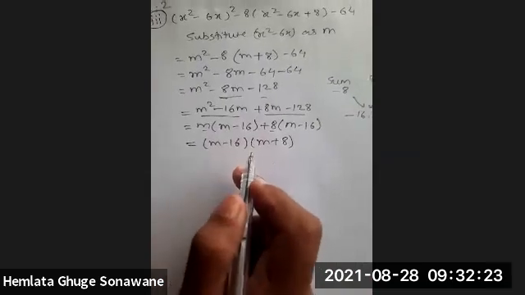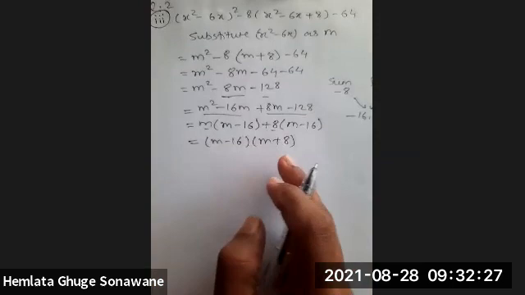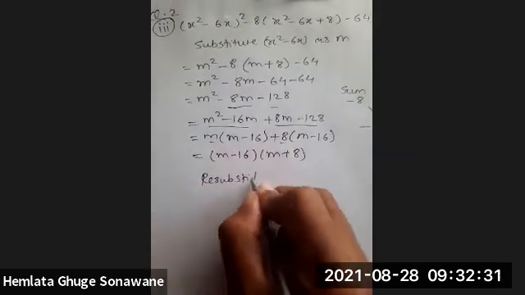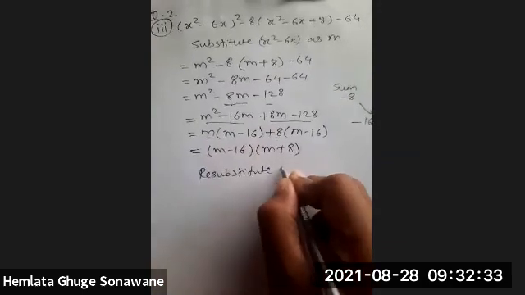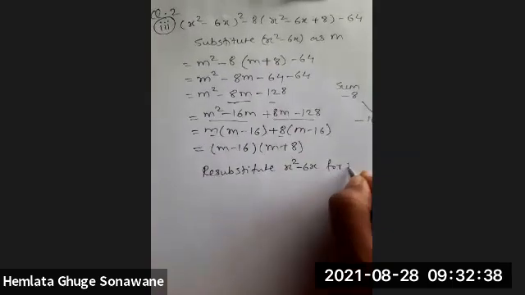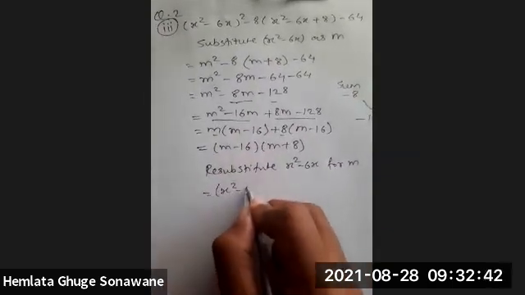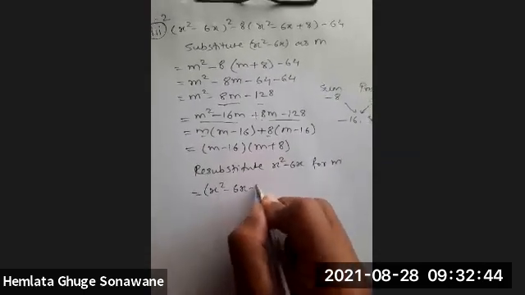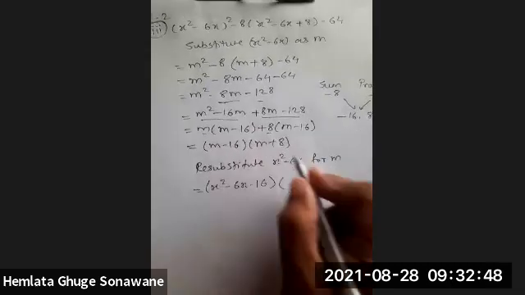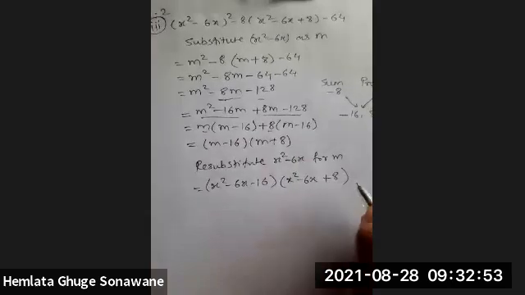Now here we'll put x square minus 6x for m. So resubstitute x square minus 6x for m. It becomes x square minus 6x minus 16 and here x square minus 6x plus 8.